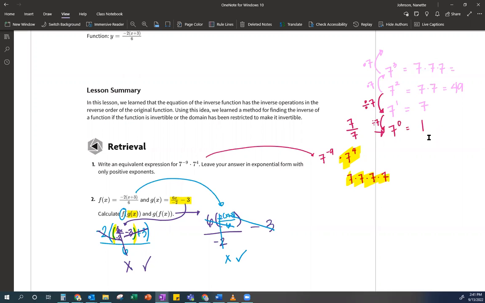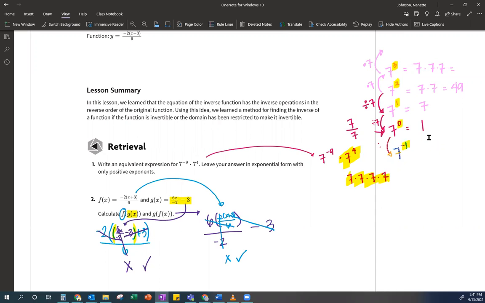now we're in negative land. Let me use my rainbow pen. It's 7 to the negative 1st, because if you look at the pattern here, the pattern goes 3, 2, 1, 0, negative 1. And we're still just dividing by 7.